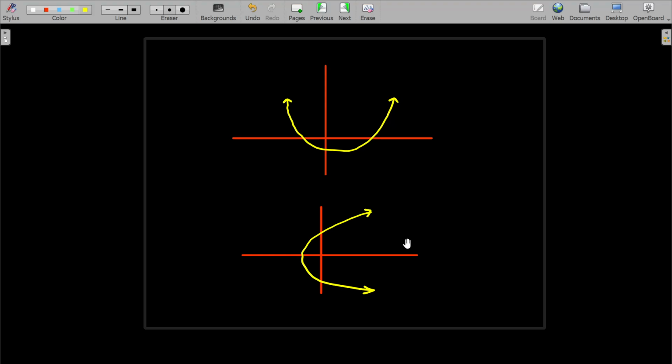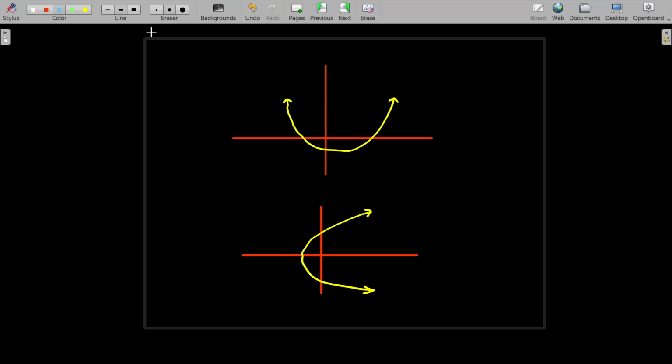The first one is a function, the second one isn't. Yes, perfect. So how did you get this? The first one, because there are no repeated y values, and one x value isn't repeating a y value. In the second one there are two x values repeating a y value.